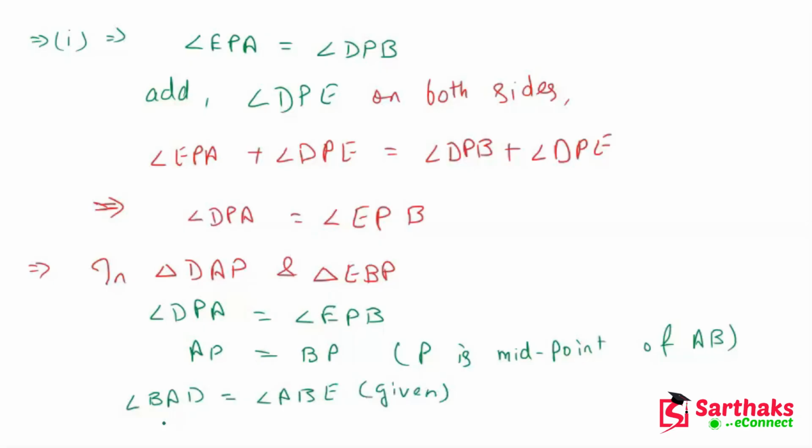So triangle DAP is congruent to triangle EBP by the angle side angle rule.